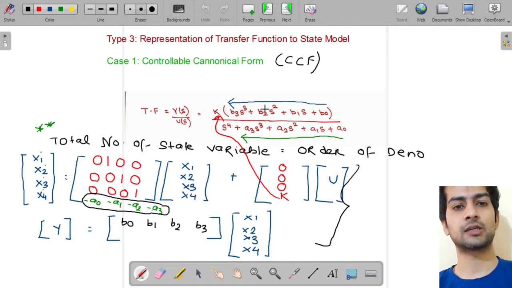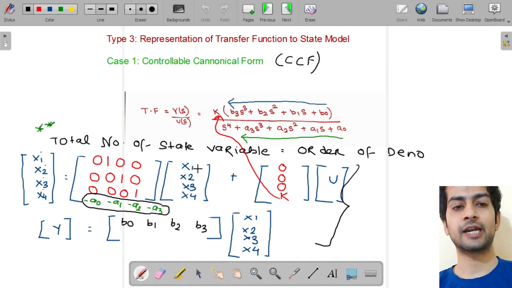But here you just remember that for the same transfer function we are getting two representations of the state model, because we are taking the state variables in different order. As we change the order of the state variables, we will get a different representation of the state model. We can get CCF as well as OCF by changing the order of the state variables.